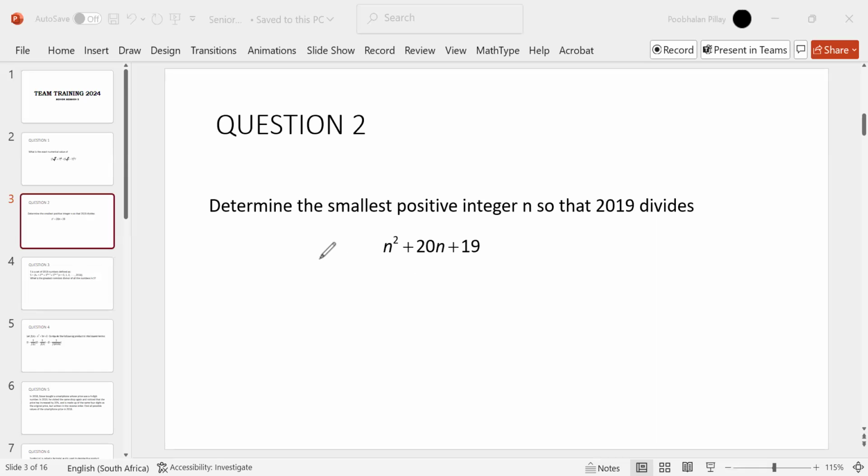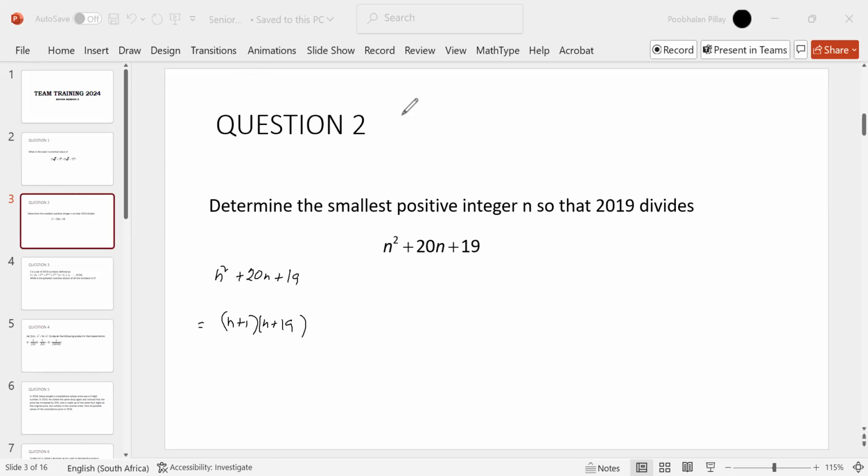All right, so let's first take this n squared plus 20n plus 19. Now, that can actually factorize. This is n plus 1 into n plus 19. You can check this thing out very quickly. So this factorizes.